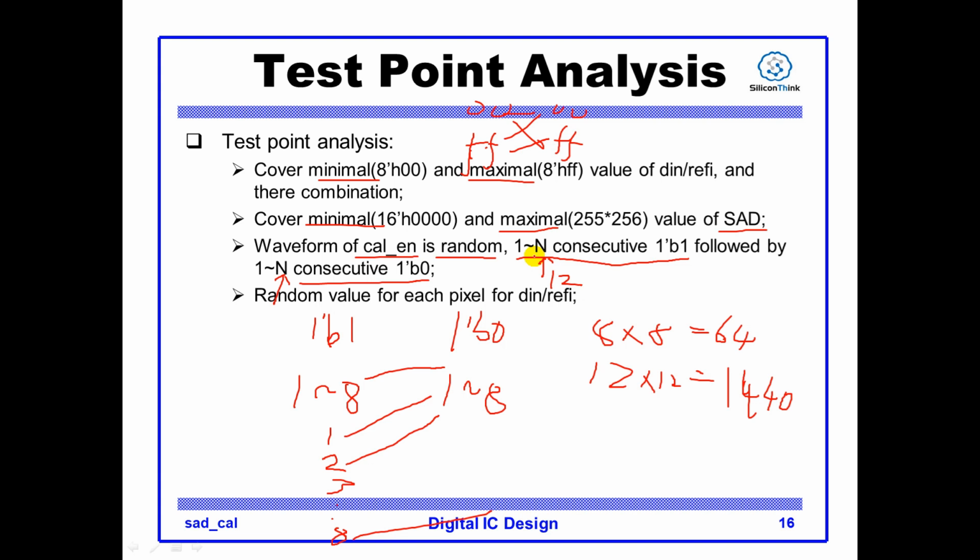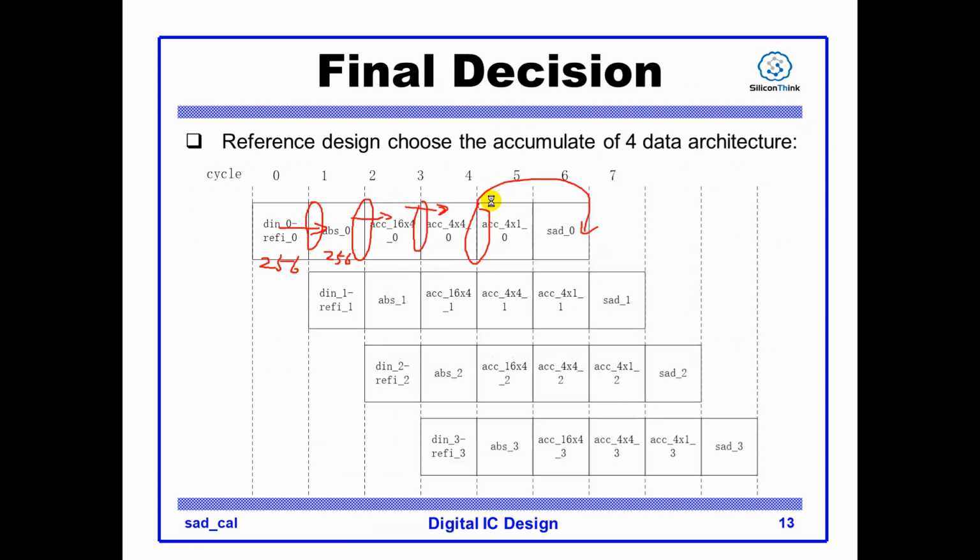You need to consider how to choose the proper number of n. In my opinion, we should cover the pipeline latency. So I may choose some number around 8 to 10. I think 8 to 10 is enough for this design.